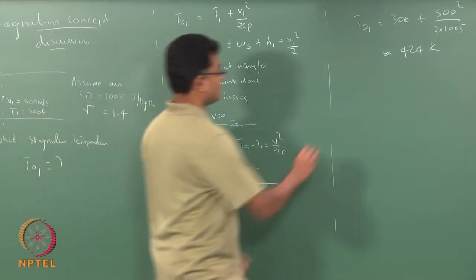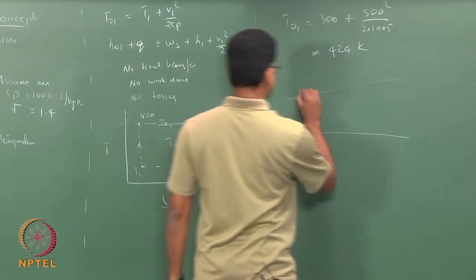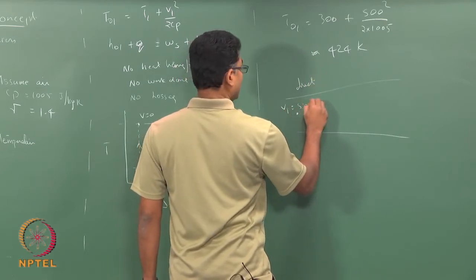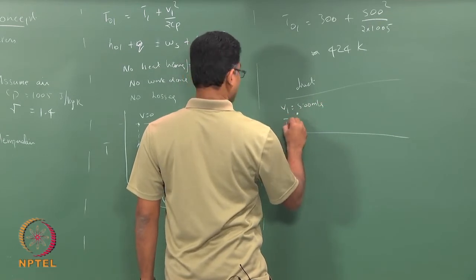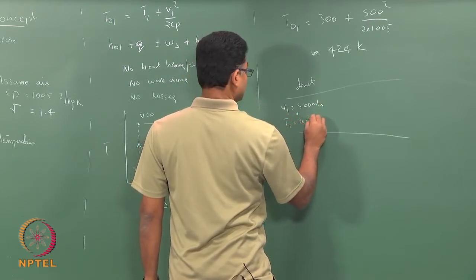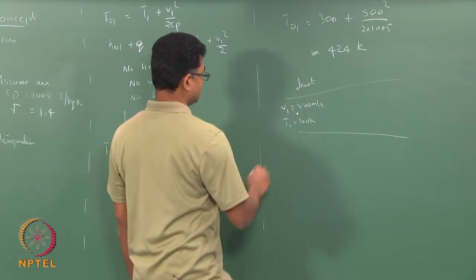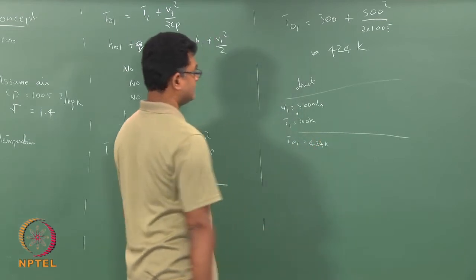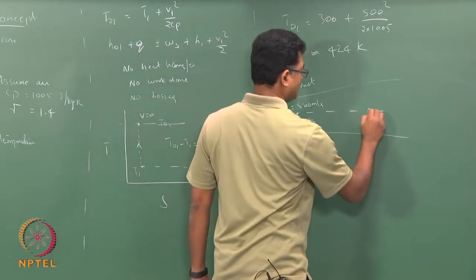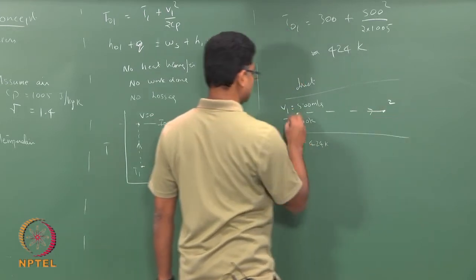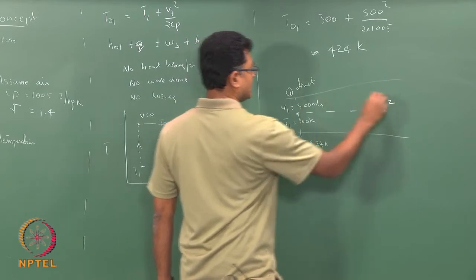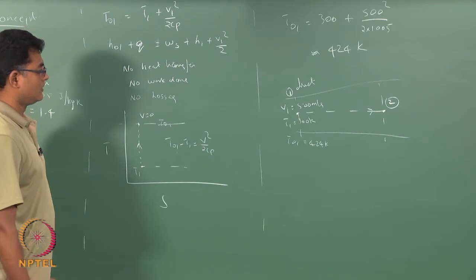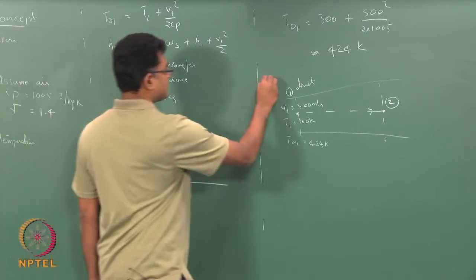Now, we will extend this problem. So, there is some duct, I have V1 500 meters per second, T1 300 Kelvin and say T01 is 424 Kelvin. This moves to a new location 2. So, this is my location 1 and this is my location 2. This is question 2.